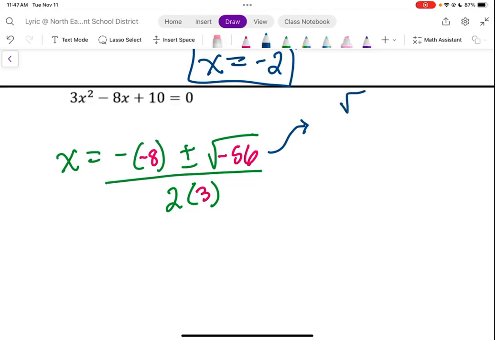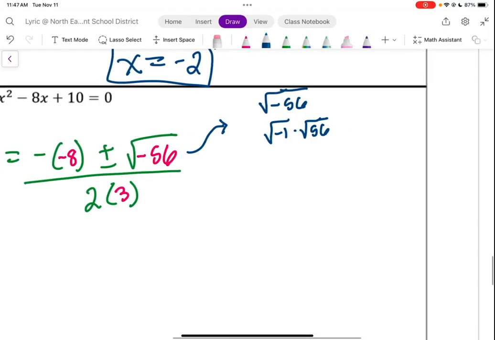So if we simplify this, we have a -56 inside the square root. And we know that the square root of a negative number can be separated from the square root of 56. And the square root of 56, how can we simplify that number? 56, what 2 numbers multiply to 56?